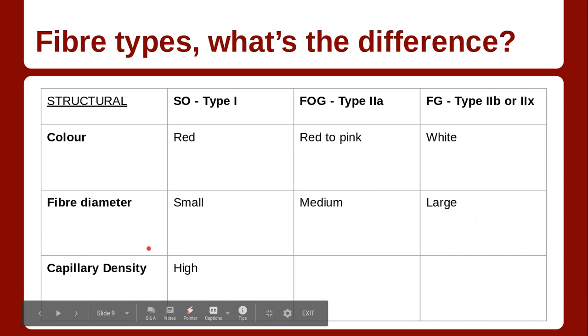In terms of capillary density, again, we're thinking about capillaries, oxygen, our gases exchange. So we'd expect our type 1 to be high, our middle one's midway, and then our type 2X is low as well. So these ones are quite straightforward in terms of what we would expect from those fibers.